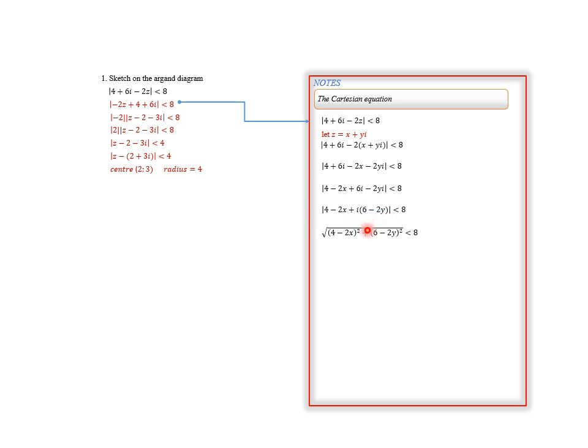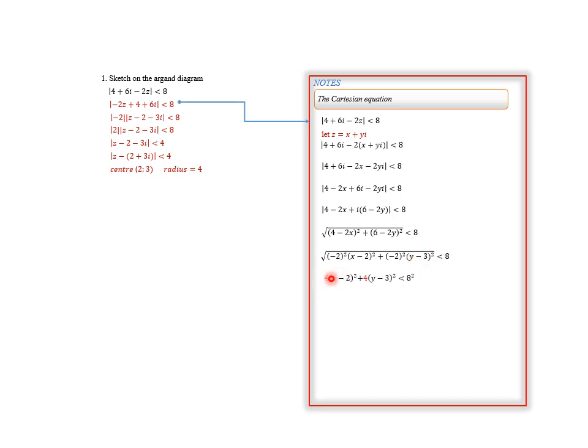So it's the square root of 4 minus 2x squared plus 6 minus 2y squared, less than 8. Now we can factor out minus 2 squared, and we are left with x minus 2 squared plus, also factoring out minus 2 squared, y minus 3 squared less than 8.